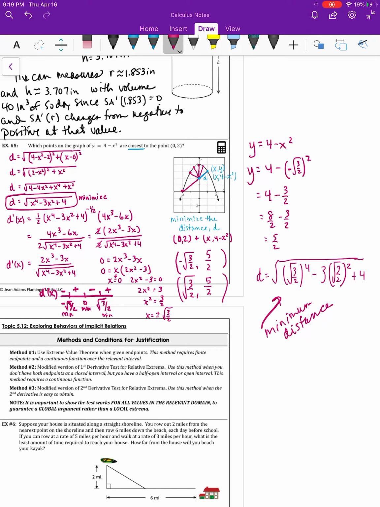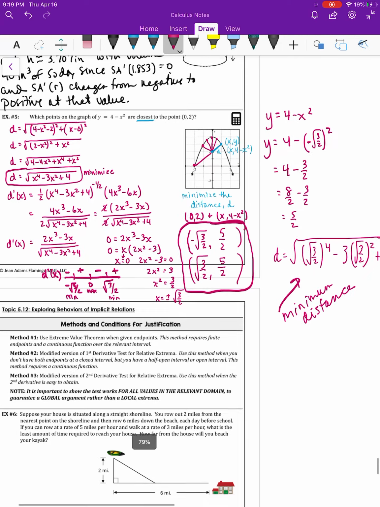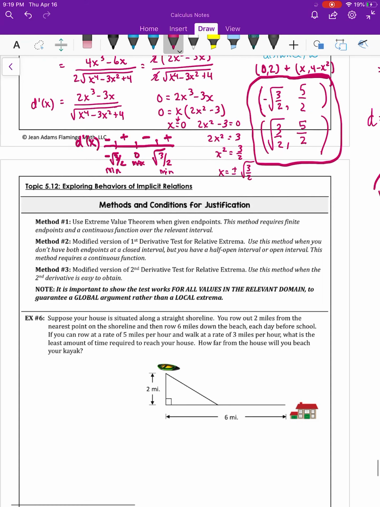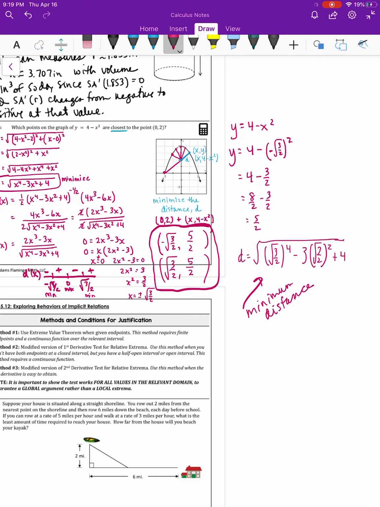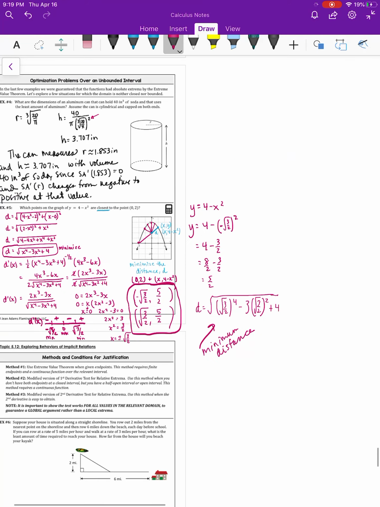That would give you the actual distance that is the minimum. They didn't ask for it, so I'm not going to worry about it, but that's what you would have if they would have asked it differently. But this particular problem said which points are the closest, and so those are your 2 points that would be equidistant from that point 0, 2.